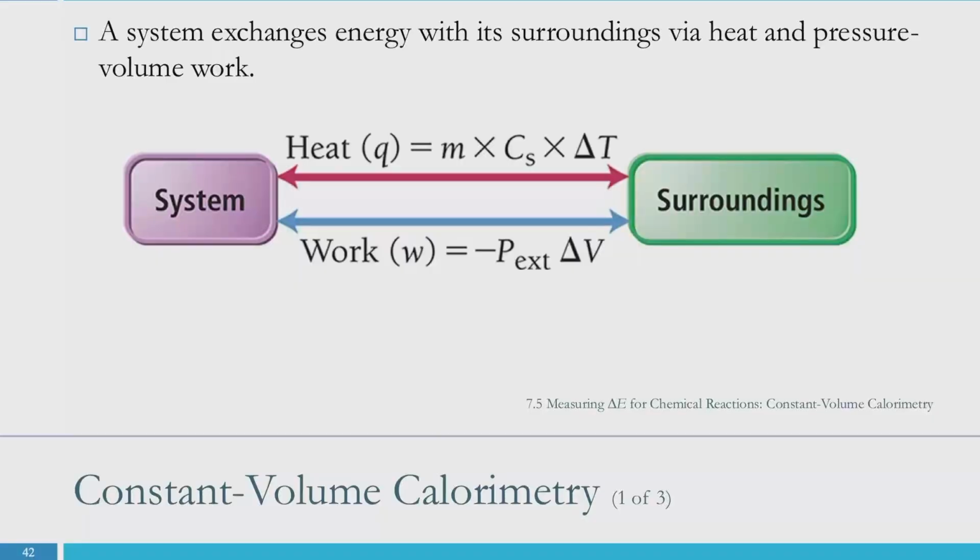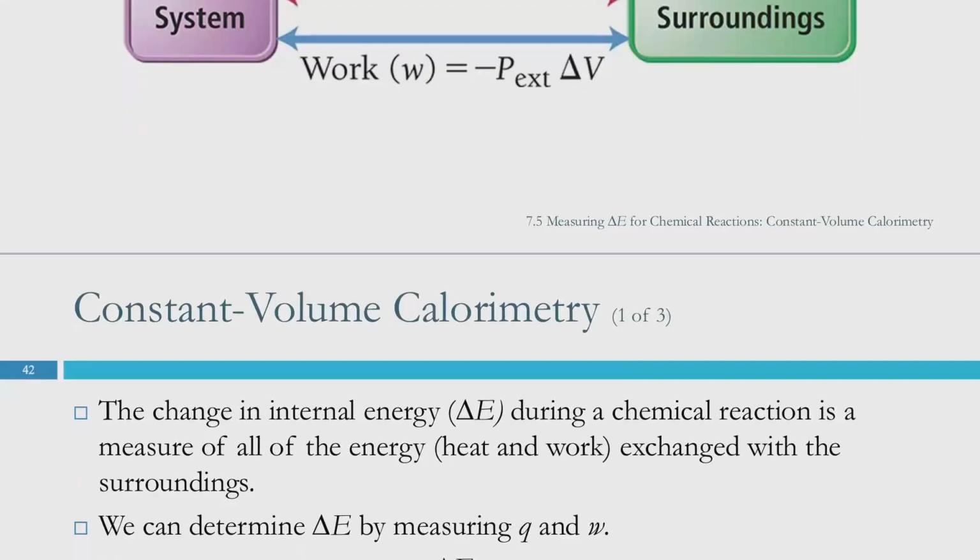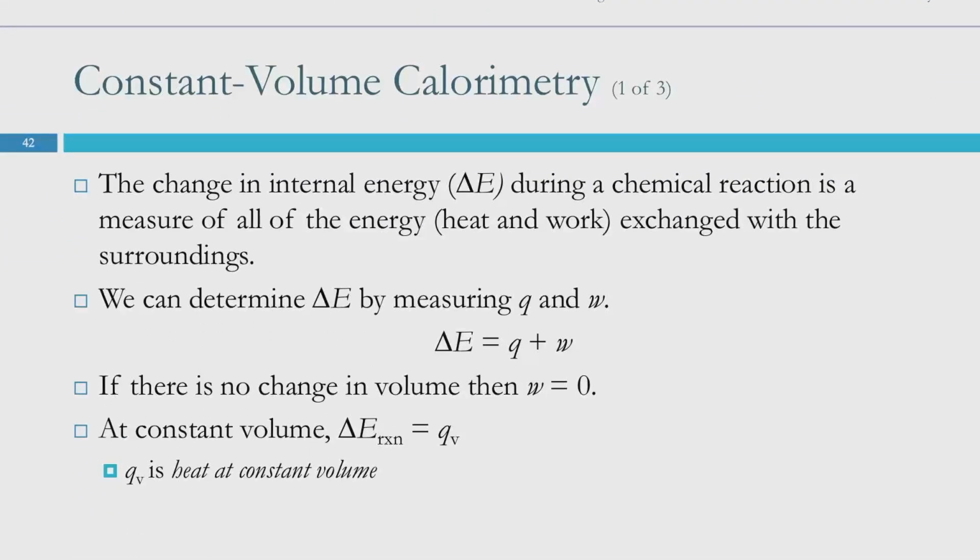There's a couple of ways that we can measure heat and work. One of the ways that we can measure change in internal energy is with constant volume calorimetry. So the change in internal energy, our delta E, when we're doing a chemical reaction, is a measure of all of the energy exchanged. So delta E equals the heat plus the work. And we said previously, Q, we've got MC delta T, so we can exchange heat.